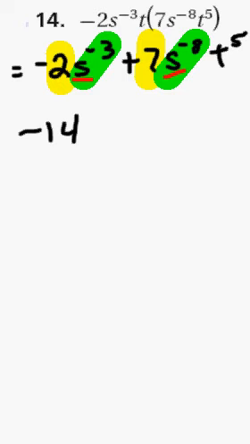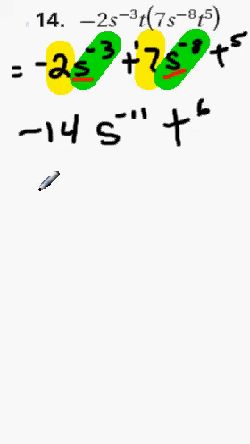So I say to myself, negative 3 plus negative 8. What's that give you? I'm hoping you're going to say negative 11. So this becomes s to the minus 11 power. Okay? Then I go for the t's. Okay? So here I have t, and if there's no exponent, we assume the exponent of 1. So I have t to the first times t to the fifth. Well, 1 plus 5 is 6. So this becomes t to the 6.